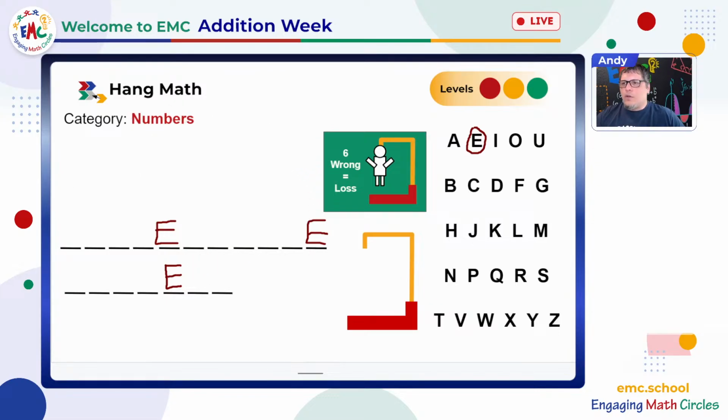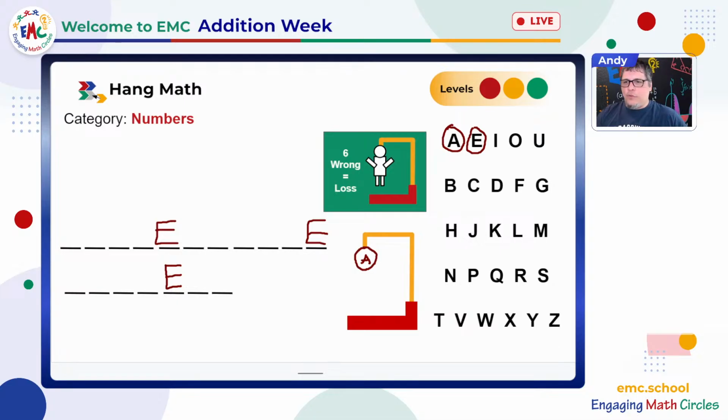Okay, our category is numbers for Hang Math, so that could be almost anything. Someone says A. Unfortunately, there's no A, so I'm going to draw the head and put a little A in it so we know.